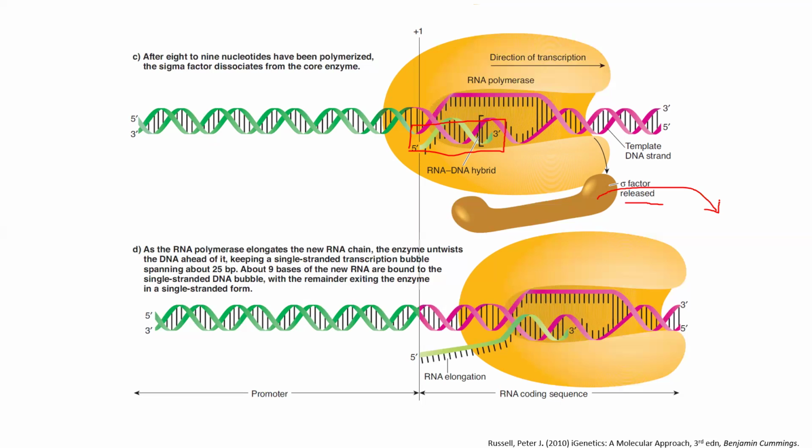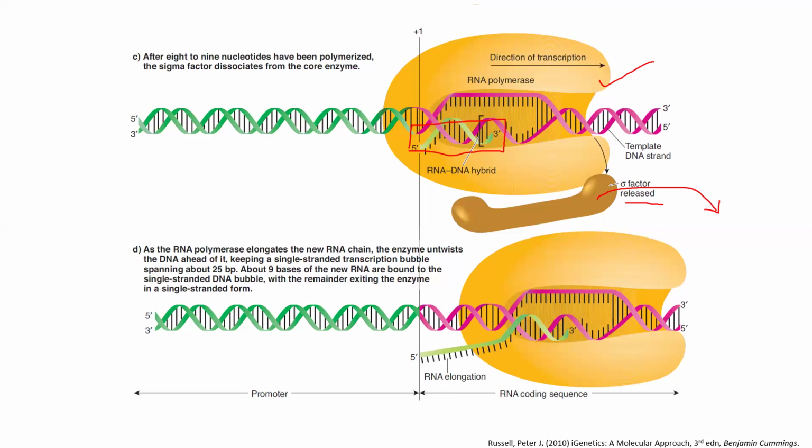And since now the RNA polymerase is bound to the promoter because of sigma factor, the untwisting has happened, mRNA synthesis has begun. Now sigma factor is no longer required because we are into the elongation. Sigma factor will leave and the rest of the transcription would be carried out by core enzyme alone. And the RNA polymerase elongates the new RNA chain.